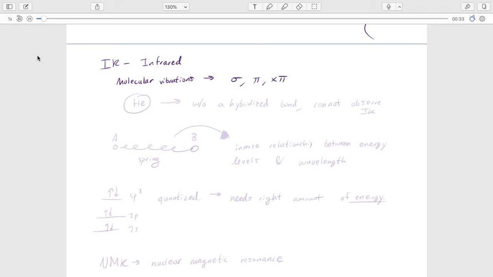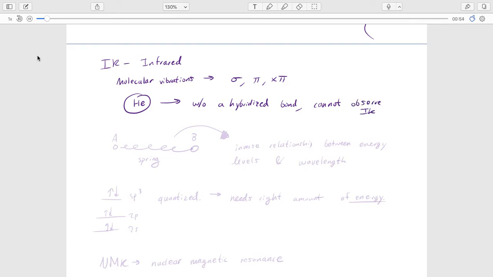If it's just a monatomic helium atom, without a bond, without a hybridized bond, we really cannot observe IR.